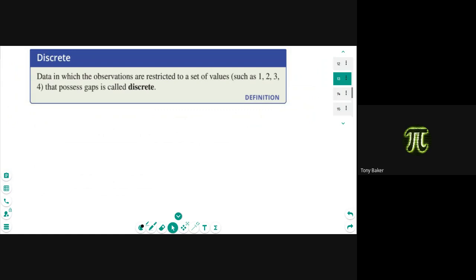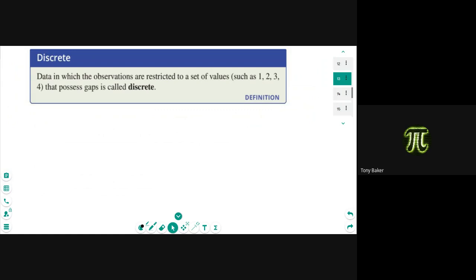Yeah. What kind of car are you driving? Yep. So, very important piece of information. Discrete data does not have to be numerical. It just has to be very specific information with nothing between them.